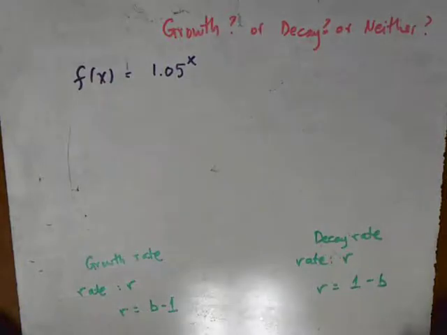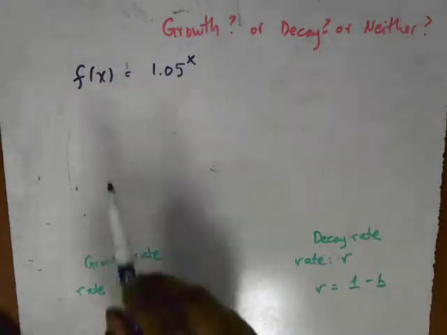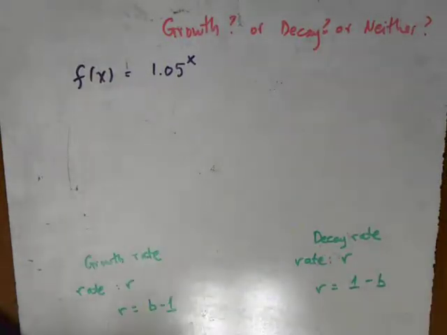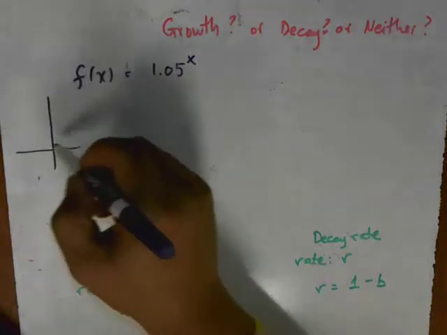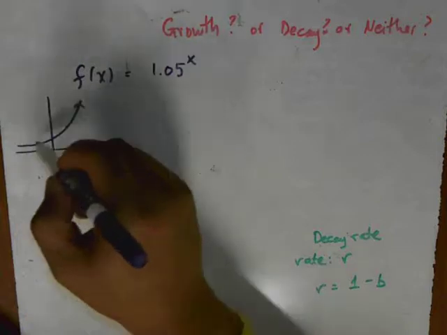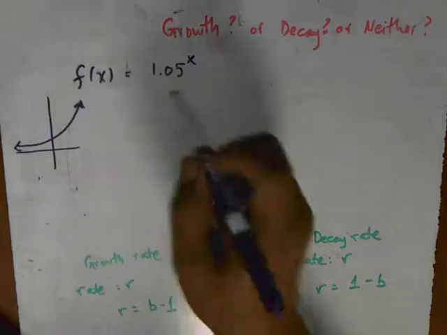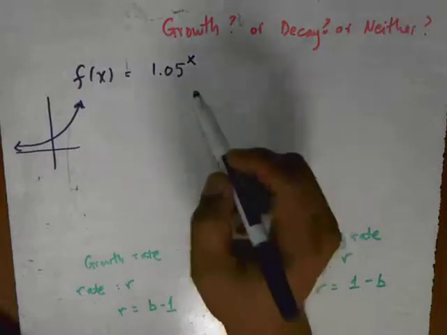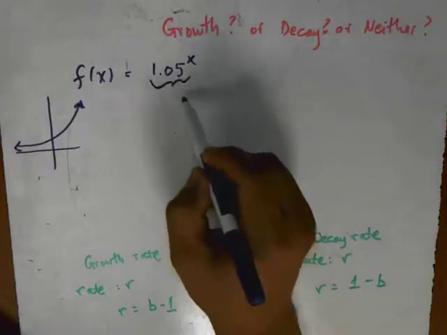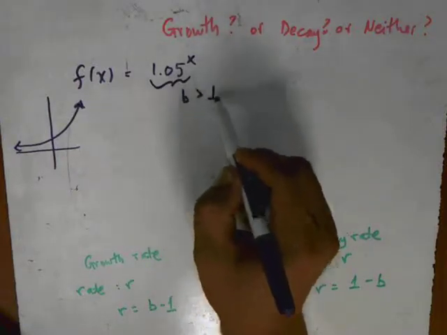So let's look at this first function here. Growth or decay or neither. F of x equals 1.05 to the x. Well, you can certainly graph this. And if you graph this, you will see that it looks relatively close to this function right here. The reason is we're multiplying by a number that is greater than 1 repeatedly. So here you can see that this is the base and it's greater than 1.